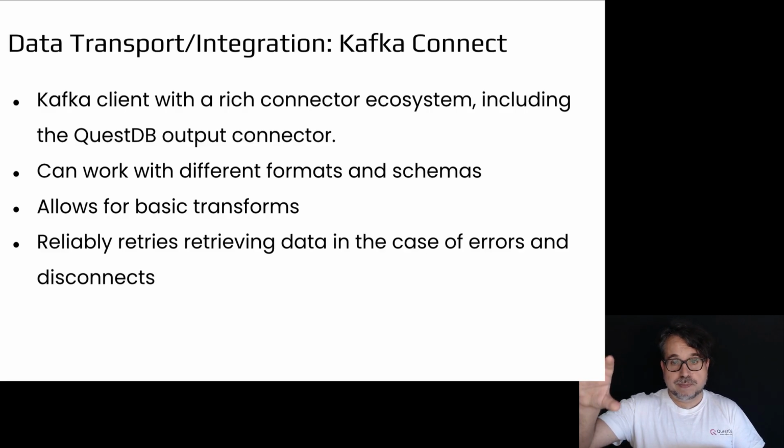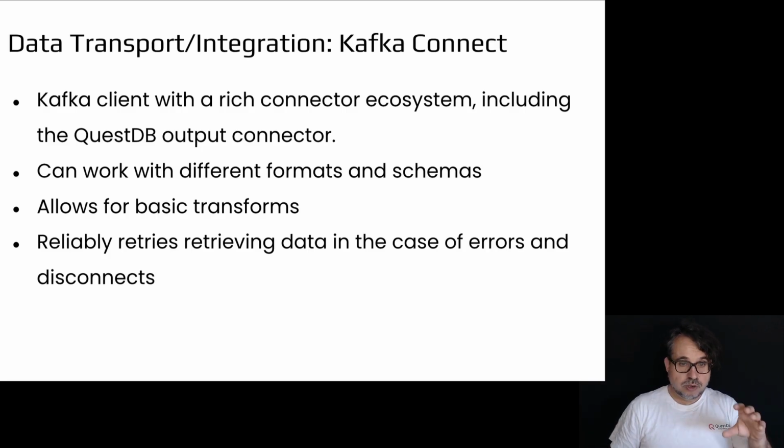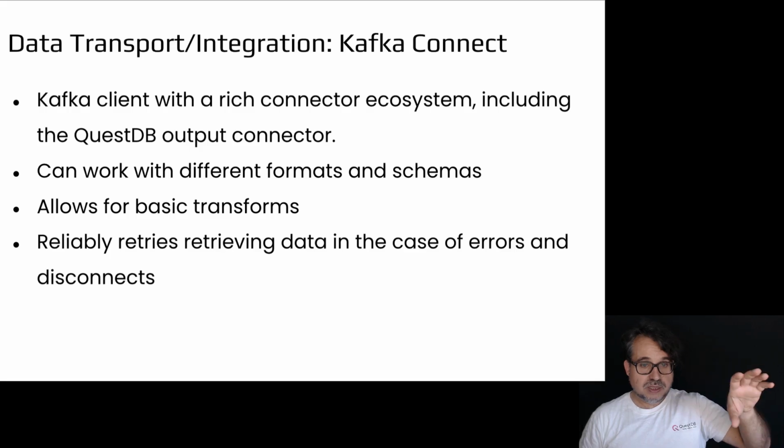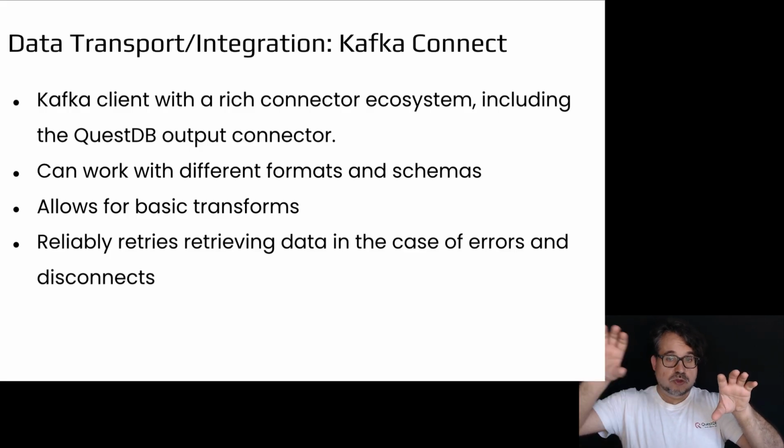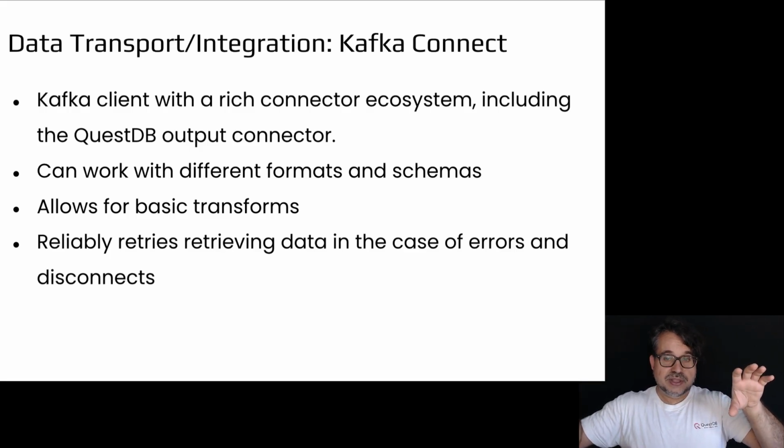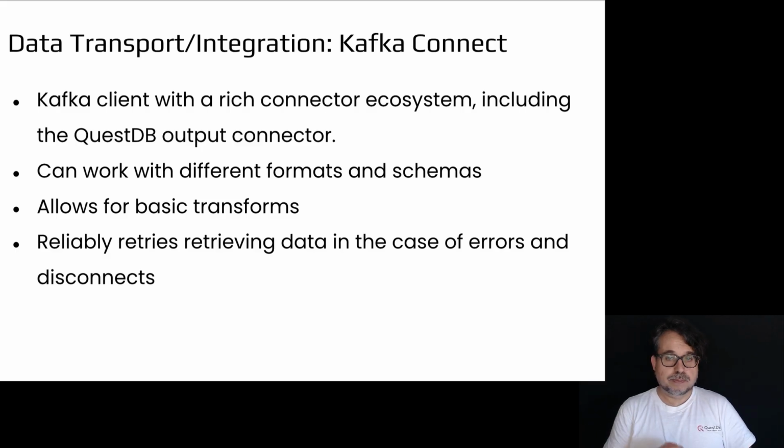And you can configure many different outputs. It has a lot of plugins you can choose from. So in my case, I'm going to be reading from a topic and I want to store data into my QuestDB database. Kafka Connect can apply simple transforms, like for example, flattening data which is nested, or renaming columns, changing data types. You can do that if you need it.